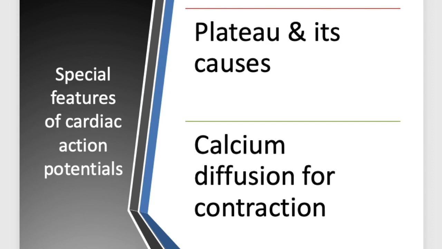But another means of calcium entry into the sarcoplasm is unique to the cardiac muscle. What happens? The T-tubules of the cardiac muscles have 25 times as great a volume as those in the skeletal muscle.